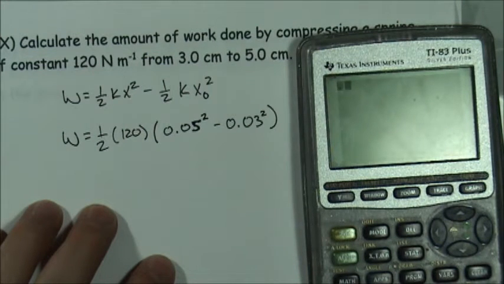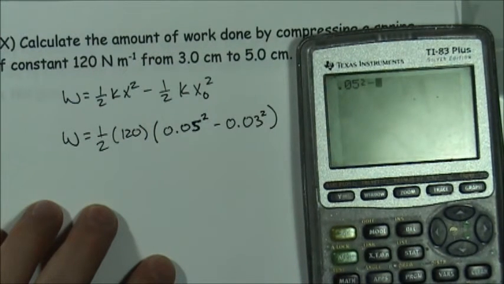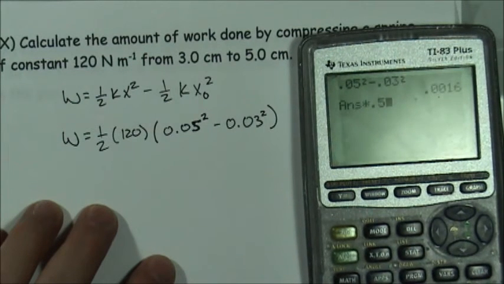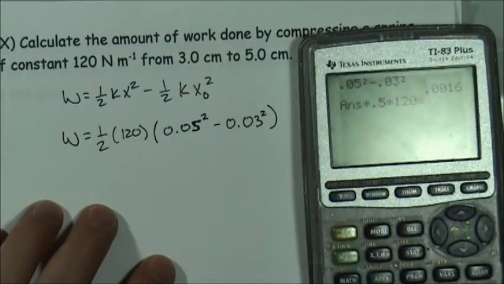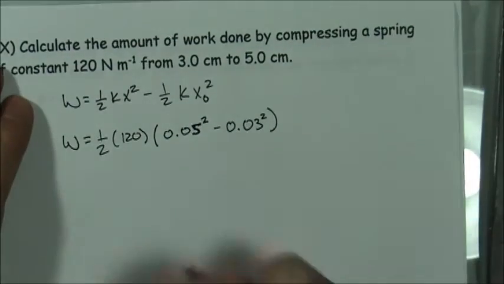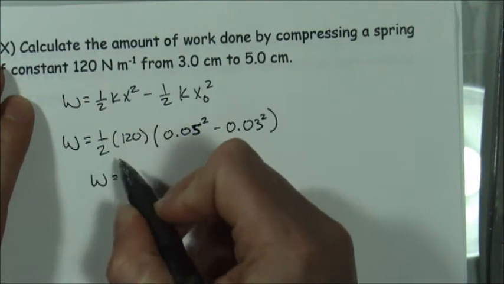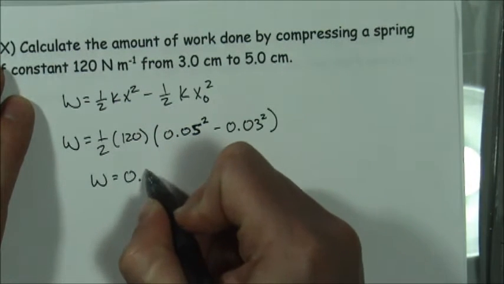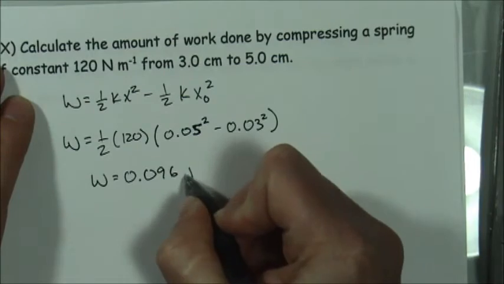So that is 0.05 squared minus 0.03 squared. And then multiplied by 0.5 times 120 to get 0.096. So the work is equal to 0.096 joules.